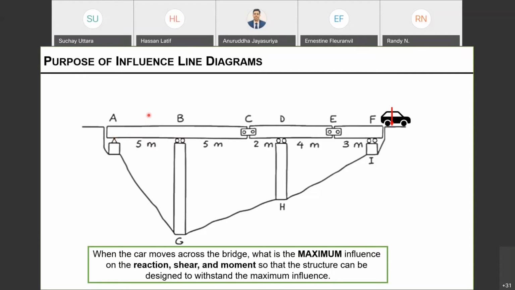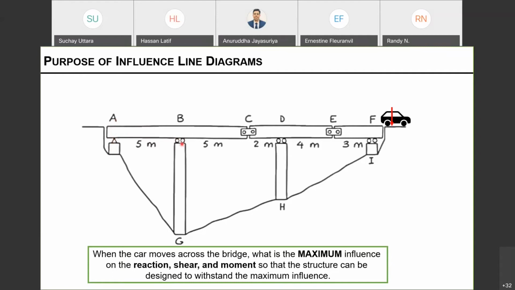It is called location dependent. For example, if our car is on top of A, the reaction RA will be very high, or maybe it is the same as the weight of this car, right?